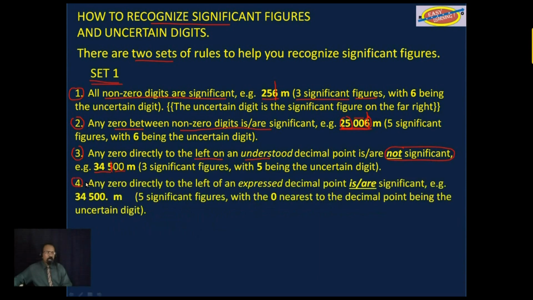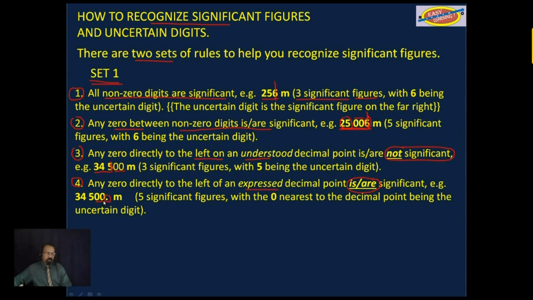Rule 4, any zero directly to the left of an expressed decimal point is significant. Now in Rule 3, it was an understood decimal point. In Rule 4, it's an expressed decimal point. So these 2 zeros here are immediately to the left of an expressed decimal point.